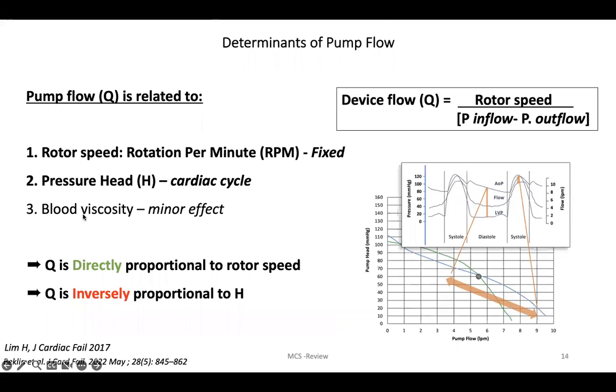And the third parameter is the blood viscosity, which has a minor effect, but still we need to enter the hematocrit because, as we're going to see, the flow is not measured, it's calculated, and the blood viscosity enters in the calculation. So again, the pump outflow Q is directly proportional to rotor speed, and Q is inversely proportional to H. And you can model the device flow as the rotor speed divided by H.